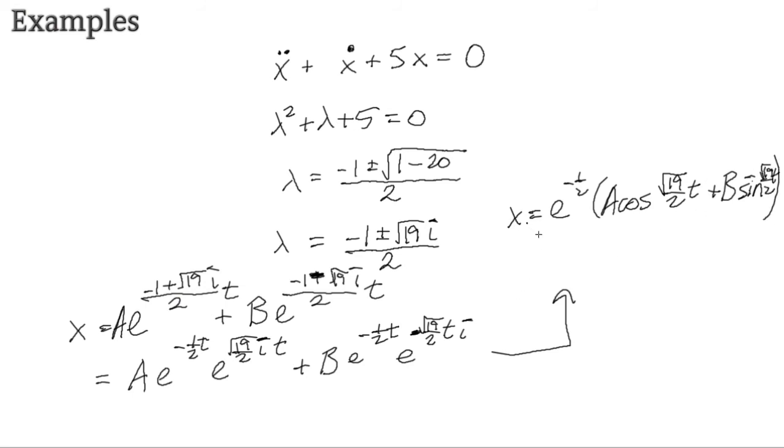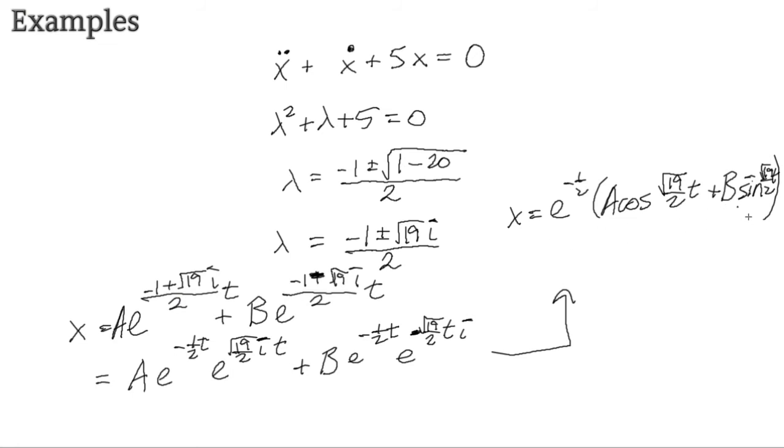So bear in mind that the cosine and the sine are both real, because of the negative sign that determines the real and unreal parts.